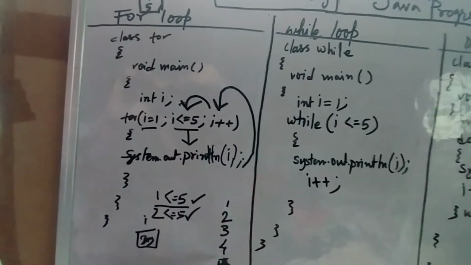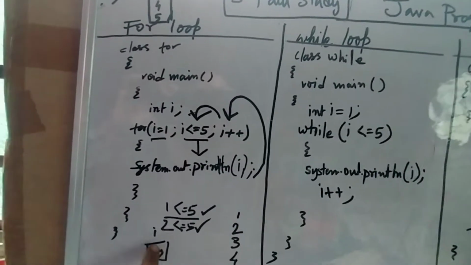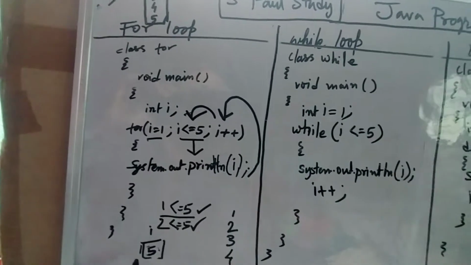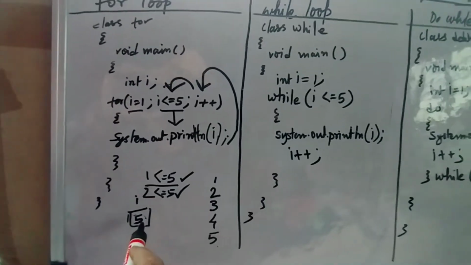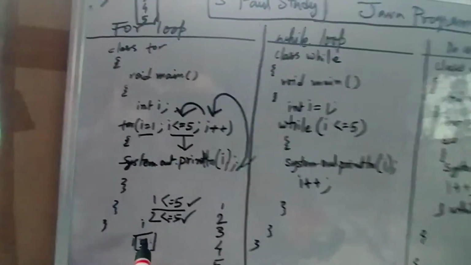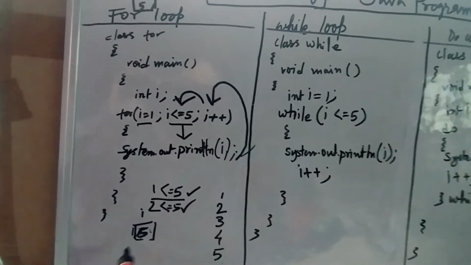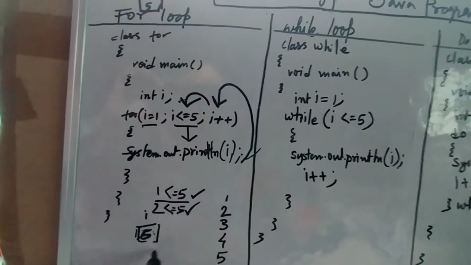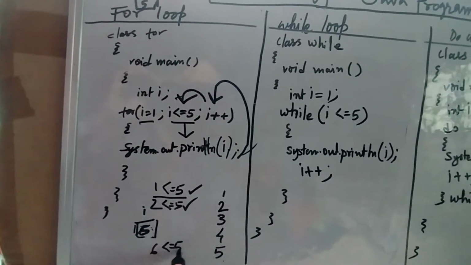And once 5 is printed, suppose i's value is now 5. What will happen now? It will increase, 5 increases to 6, and the condition is checked, whether 6 is less than or equal to 5 or not.